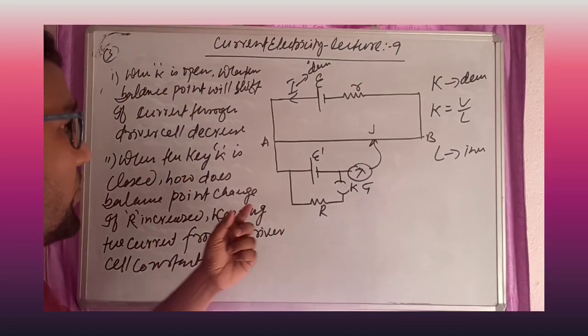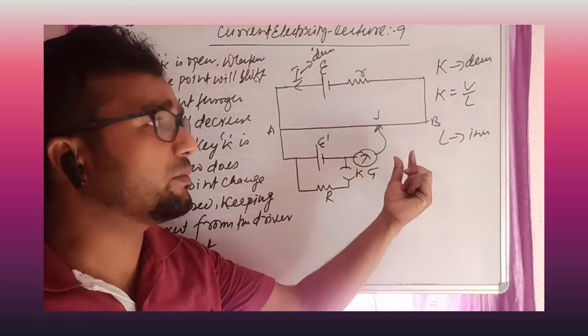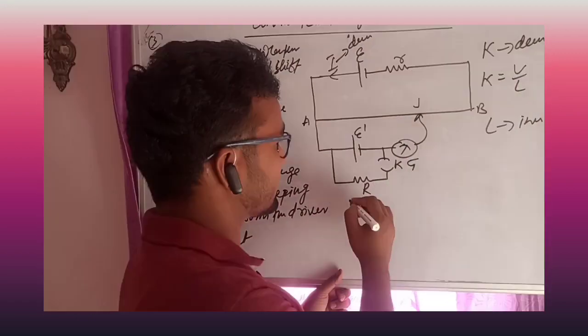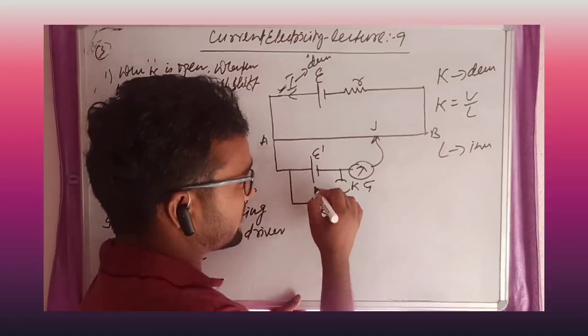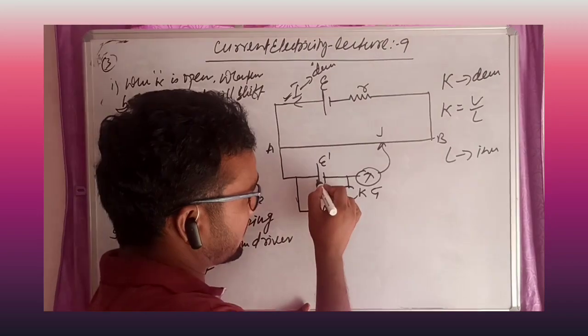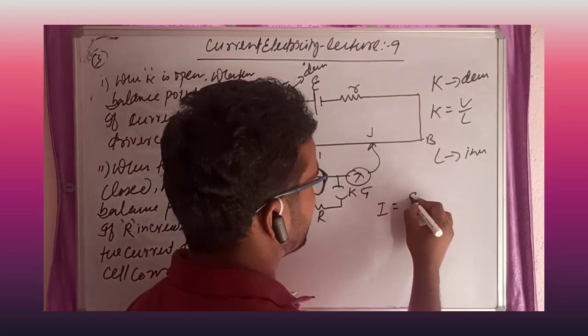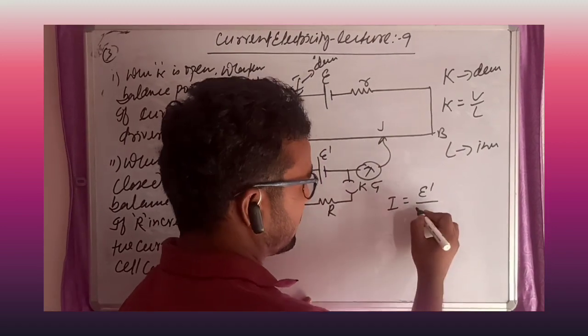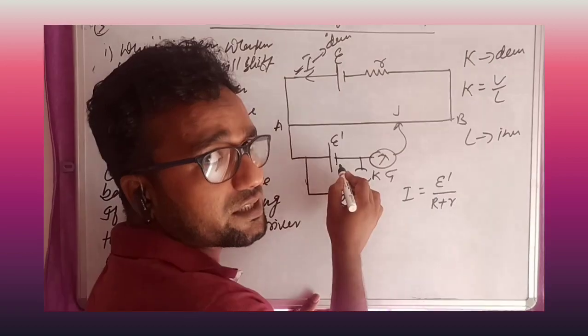But in this case, when K is closed and R is increased, what will happen about the null point? Keeping this current constant, the current coming from this cell will be E dash by R plus small r. This small r is the internal resistance of this cell.